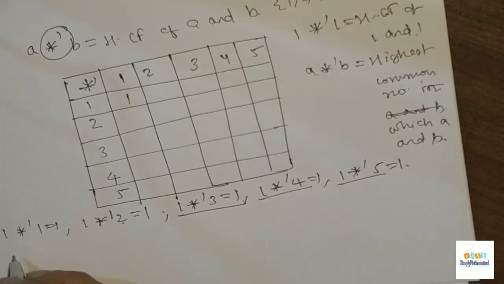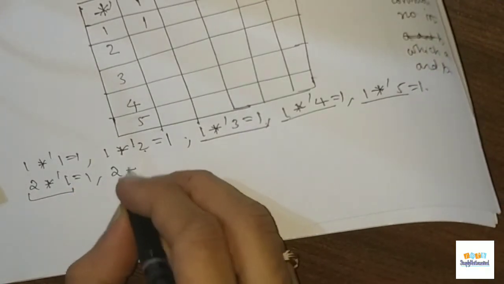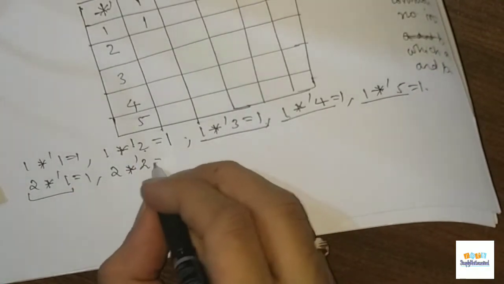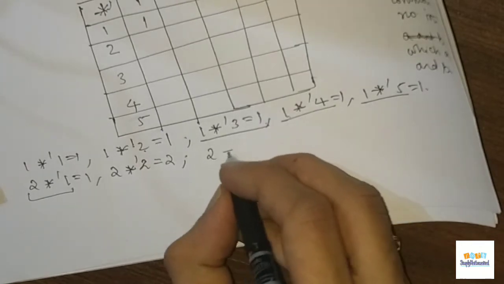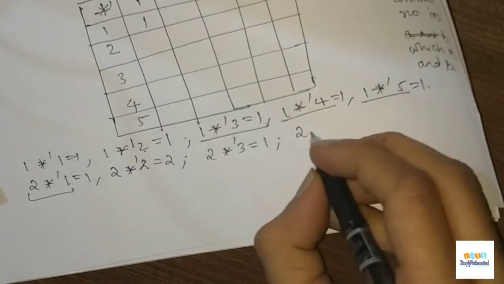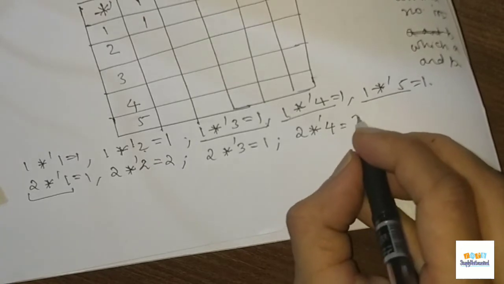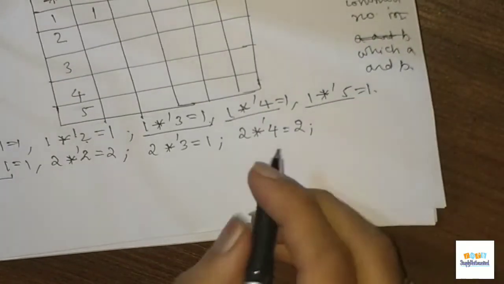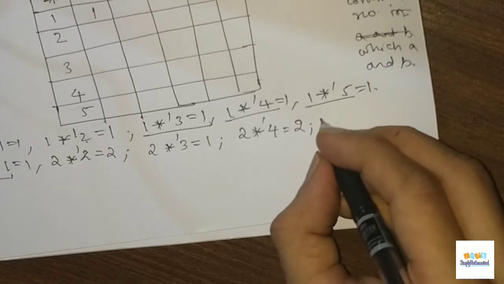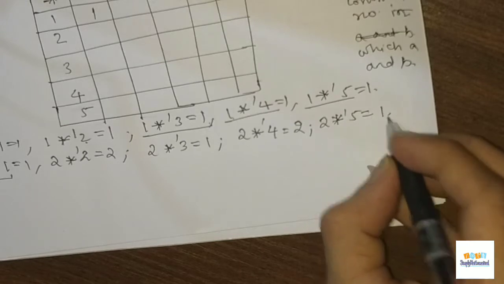Now if you look at 2 star prime 1, the highest common number which divides both 2 and 1 is 1. Then the highest number which divides both 2 and 2 is 2. Both 2 and 3 is 1. Both 2 and 4 is 2. Then 2 star prime 5, the highest number which divides both 2 and 5, is 1.